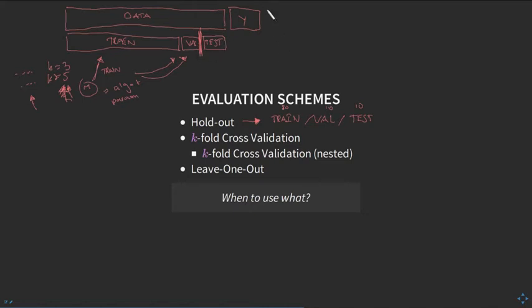So say that our training set looks like this. Our validation set might actually look like this or something. So it's definitely not the same distribution over Y, so it's somewhat biased.